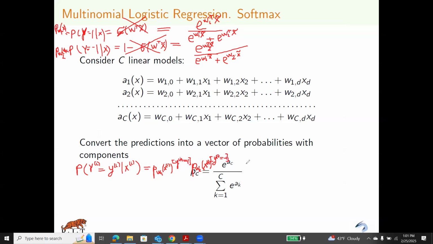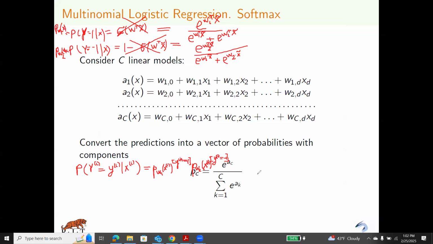So let's think about why this formula is correct. If the true target equals 1, what is the value of this bracket? Is it true or false? If the true target is 1, it's true, and the value will be 1. And we will get just the probability of the first class. What about the second bracket if the target is 1?